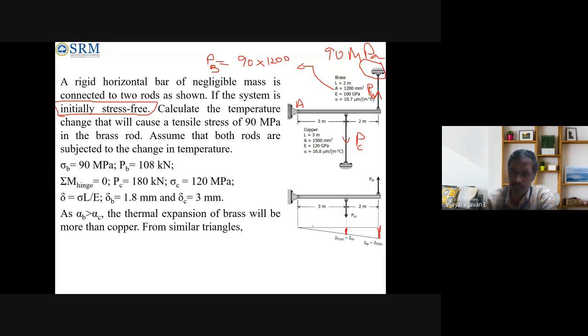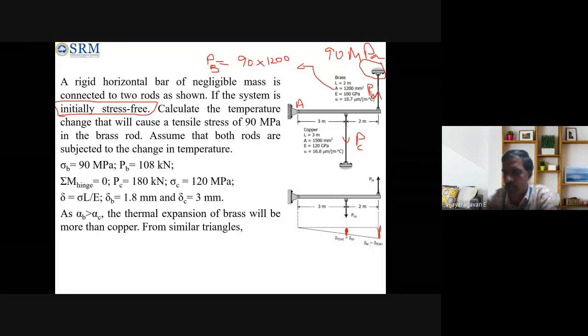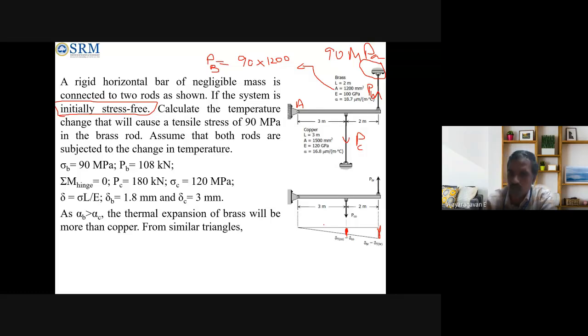So these are similar triangles. Using the law of similar triangles, the thermal expansion minus mechanical expansion, which is this vertical distance, divided by the horizontal distance of 3 meters, should be equal to the mechanical expansion of brass minus thermal expansion of brass, divided by the total horizontal distance of 5 meters.